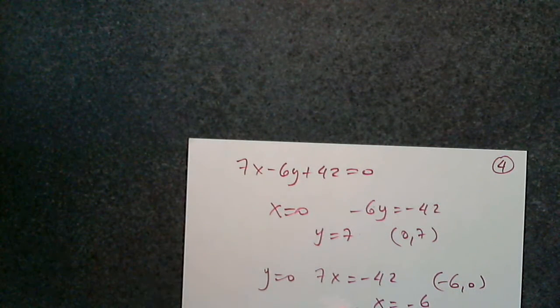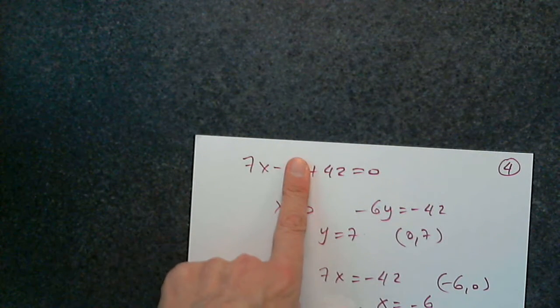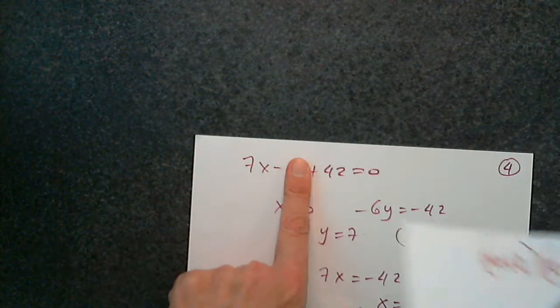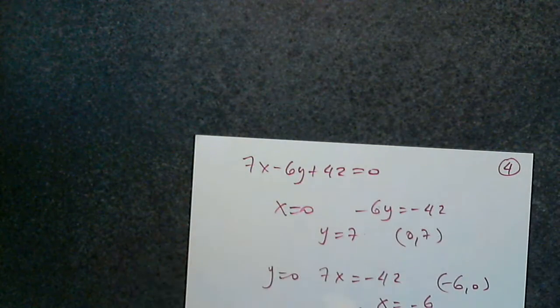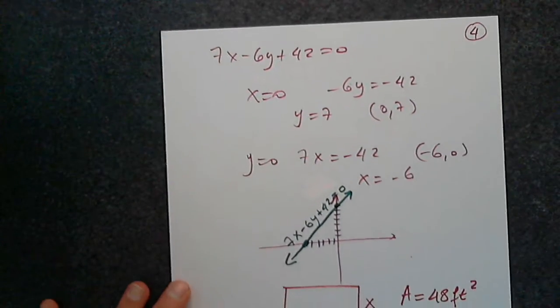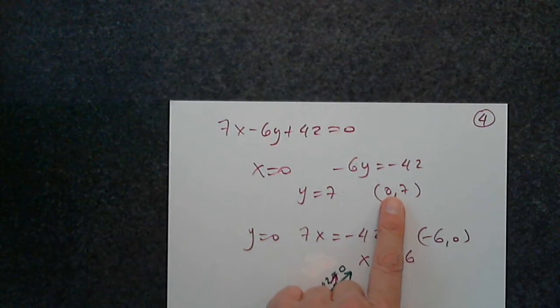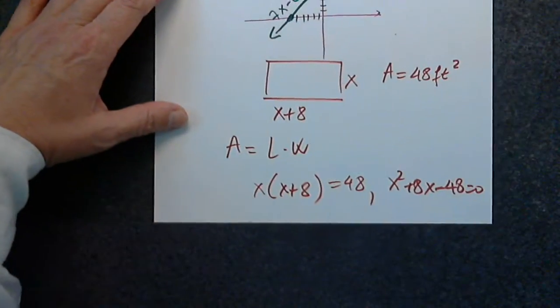But here you don't need anybody. You're just going back to check negative 6 comma 0. When you replace y by 0, you get 7 times negative 6 plus 42 equals 0. So that's the correct point. Is that okay? Same thing with this point. Okay, very good.